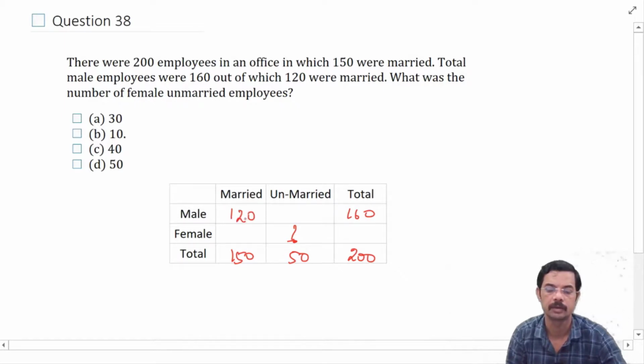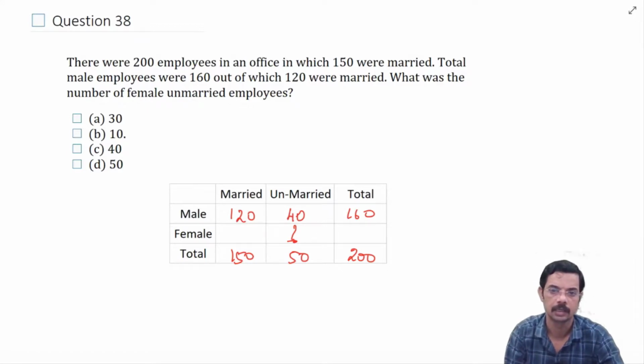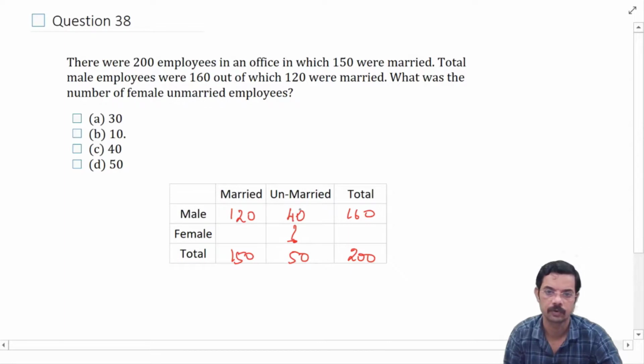So 160 minus 120 will give you the number of unmarried male employees, which is 40. So 50 minus 40 is 10. So your answer should be 10.